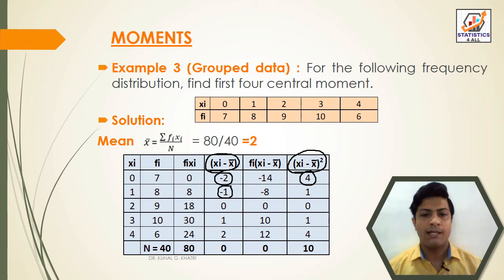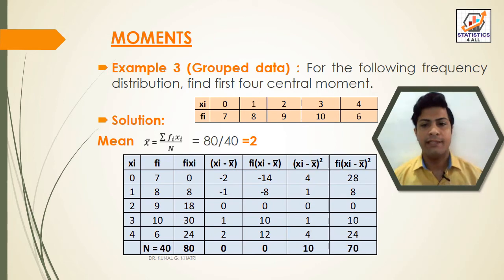Minus 1 square is equal to 1. 0 square is equal to 0. 1 square is equal to 1. Then 2 square is equal to 4. Now we'll take the sum of xi minus x bar whole square. We get the value 10.